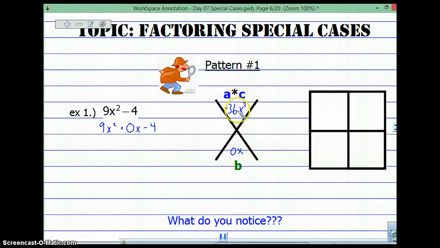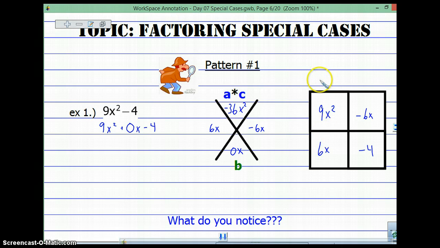All right. What are 2 numbers which are going to multiply to negative 36 but add to 0? Well, how about 6x and negative 6x? Look familiar? So in our area model, we put 9x squared, we put negative 4, and the middle terms come from the x: 6x, negative 6x.